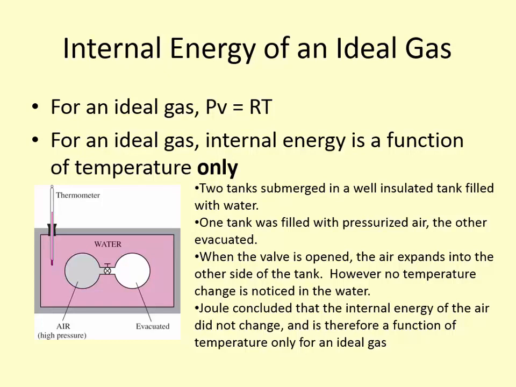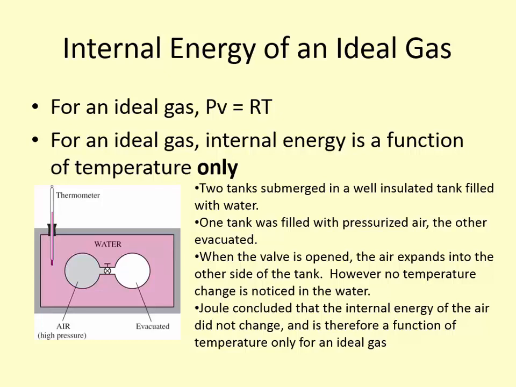One of the tanks had air at a high pressure and the other tank was evacuated. So we've seen some homework problems that were similar to this. And then he opened the valve and allowed everything to reach equilibrium. So the pressures on both sides equalized, and he had a thermometer in the water the entire time to measure if there was any measurable temperature change in the water.